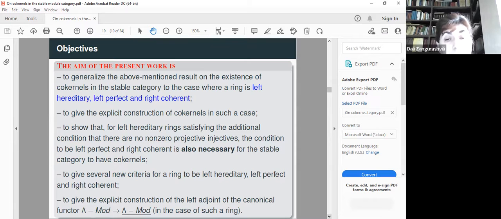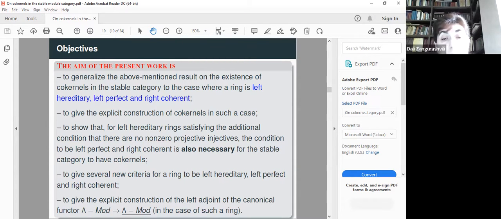And the next aim of this work is to give the explicit construction of the left adjoint of the canonical functor from the category of modules to the corresponding stable category, in the case of a left hereditary, left perfect, and right coherent ring. And here I have to make a remark.